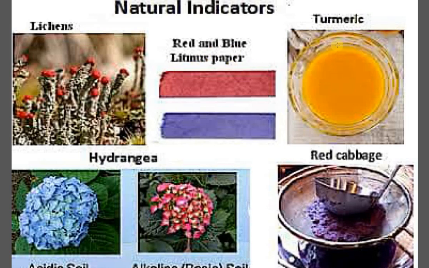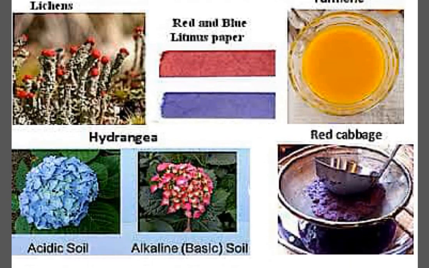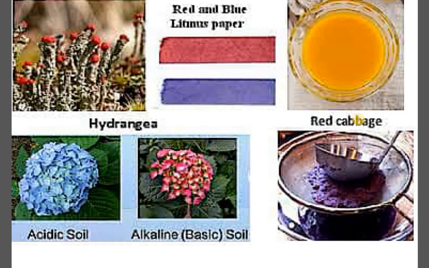Secondly, you must have seen this substance very commonly used in your kitchen. Yes, it is turmeric. Turmeric can also be utilized as a natural indicator. Another example is the red cabbage. You must have heard about cabbage, one of the vegetables, and there is another variety called red cabbage.